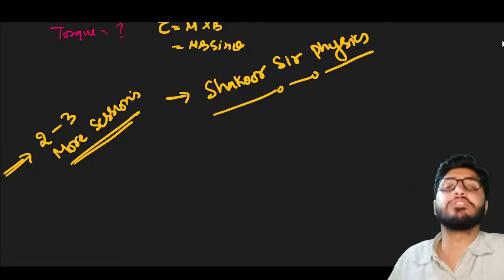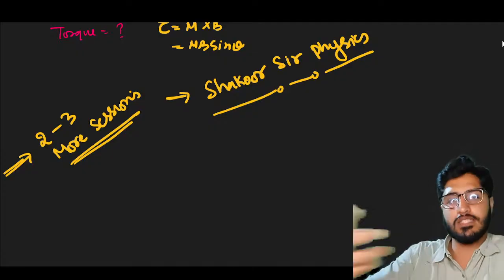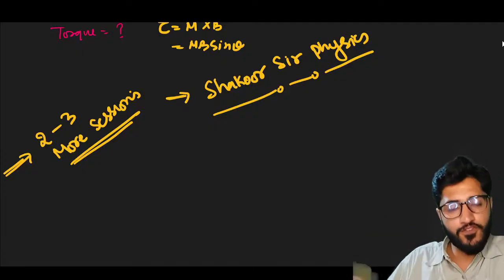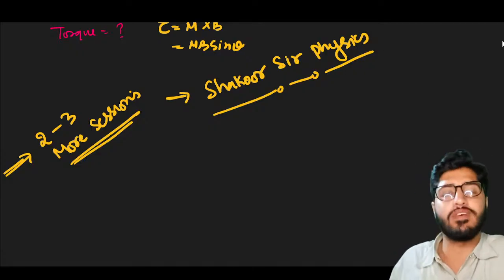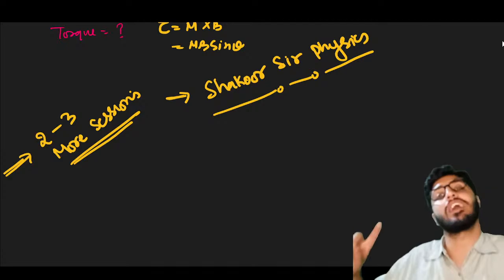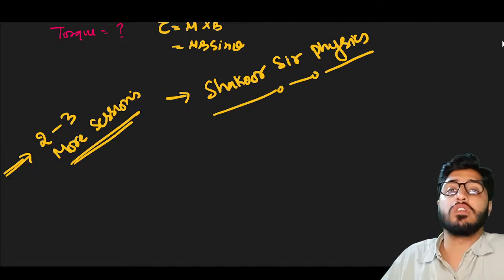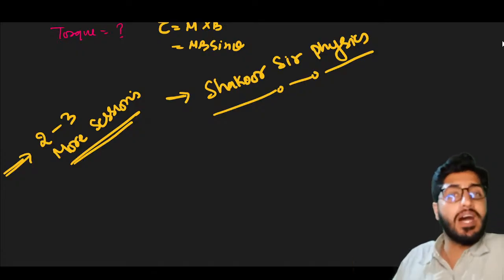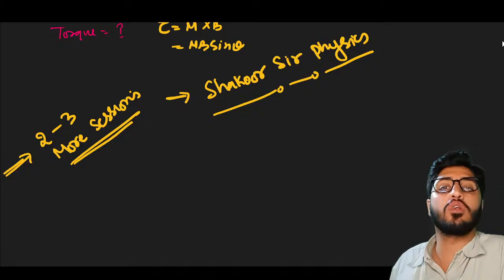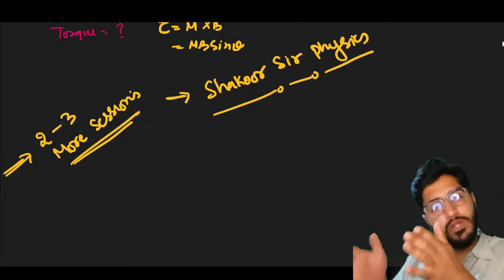Because my aim is to clear your syllabus within 1 month. Before the 15th of next month, my aim is to complete my whole 12th syllabus. Then we will start the 11th class. Let's suppose you are preparing for NEET or JEE, and currently you are in 12th, studying for your boards, CBSE or whatever other board. Just complete 12th.